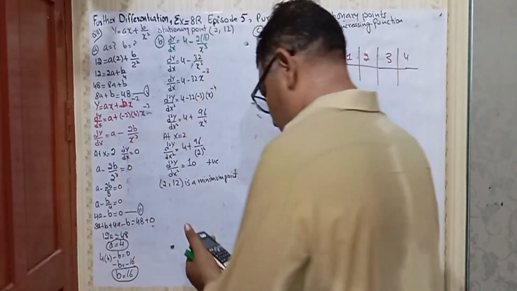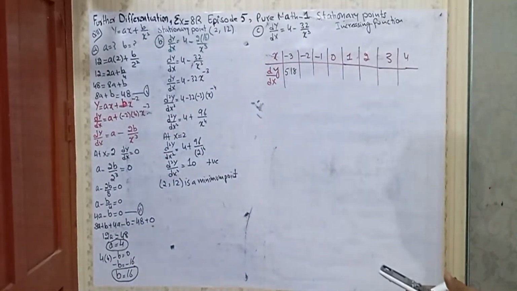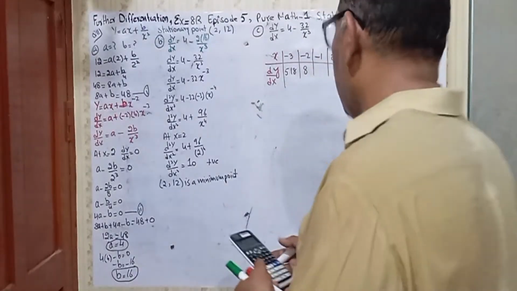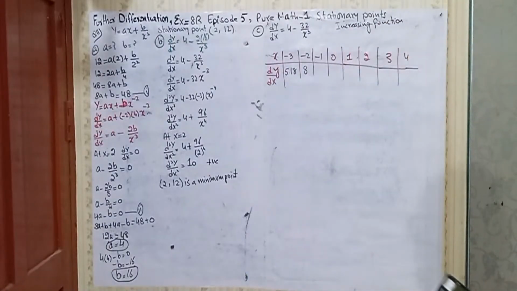At -2, 4 minus 32 divided by (-2) raised to power 3 equals 8. Then I will put -1. I don't have the table option on this calculator, otherwise the table can be made directly. Unfortunately, I don't have that calculator with me right now.